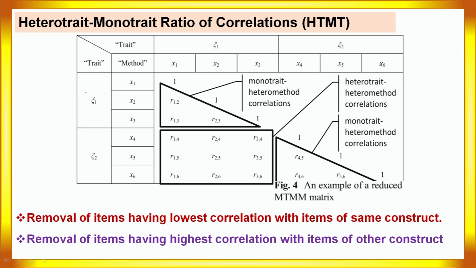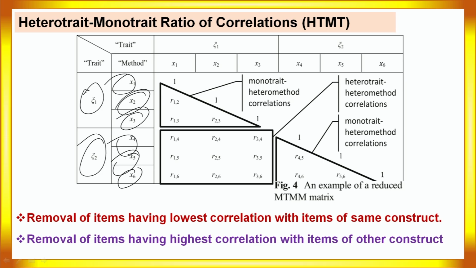For the example, assume you have a particular variable or construct you are measuring that has two dimensions, dimension 1 and dimension 2. Each dimension is represented by three items: x1, x2 and x3 represent the first dimension, and the second dimension is represented by x4, x5 and x6.